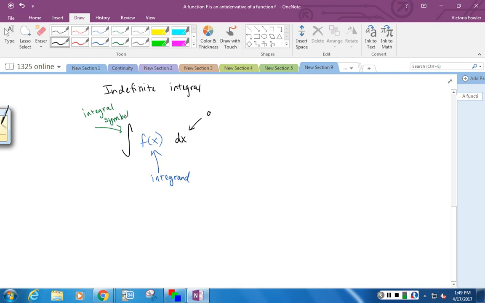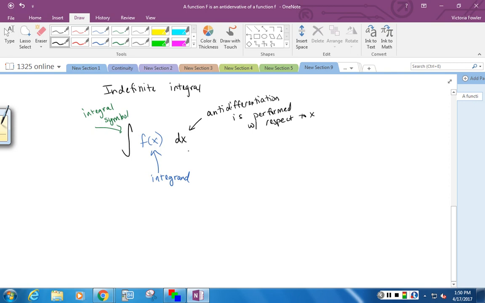So where it says dx, the anti-differentiation is performed with respect to x. This could have had dy, and that would be anti-differentiation performed with respect to y.